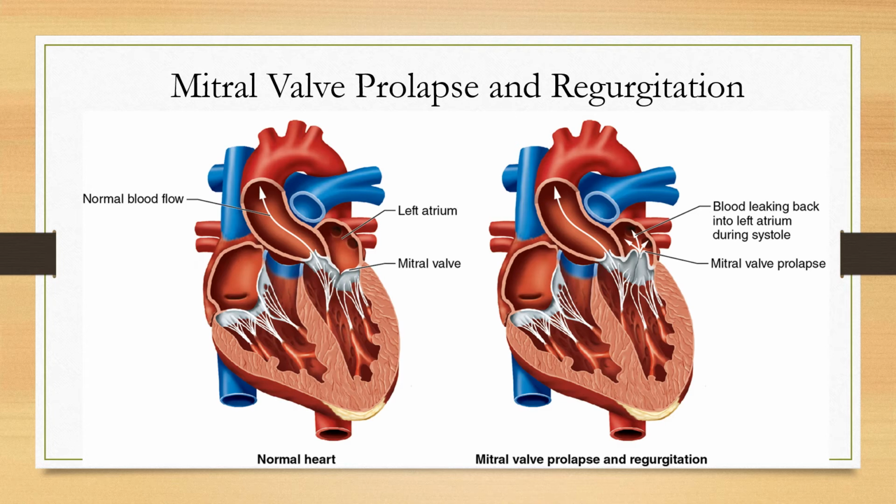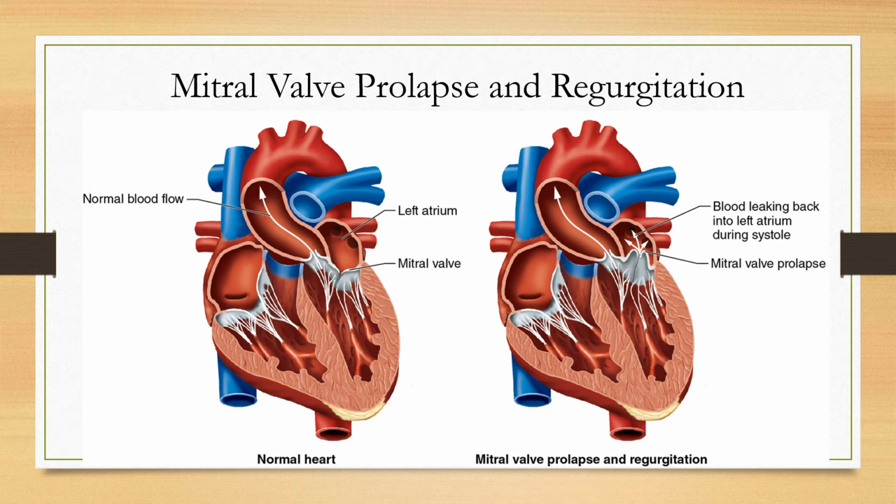But if the mitral valve, which is between the left atrium and the left ventricle, prolapses, when that left ventricle squeezes, it's going to be squeezing some of that blood back up into the left atrium. So you're not getting a good ejection out into the aorta because some of the blood isn't going where it needs to be. Okay.